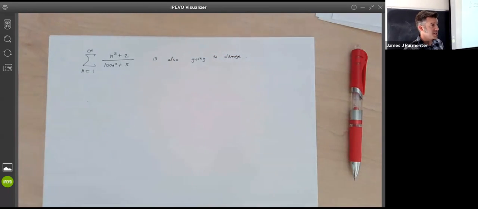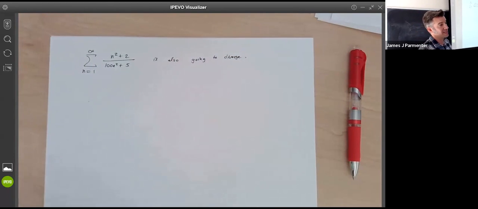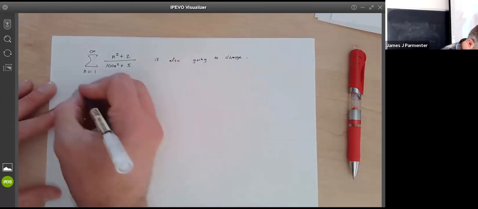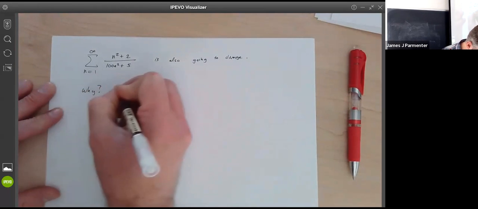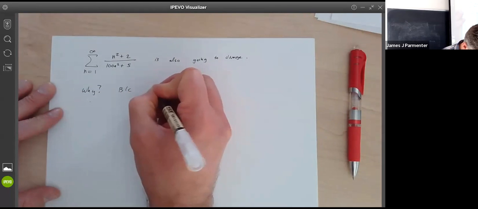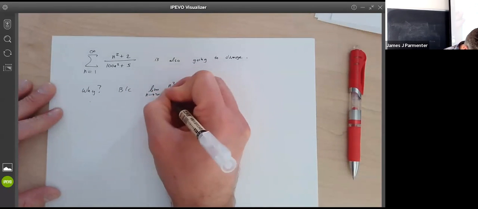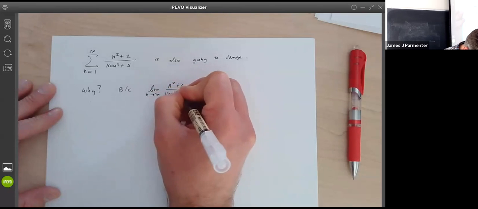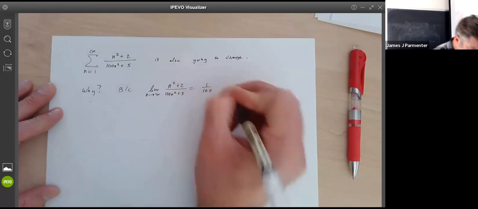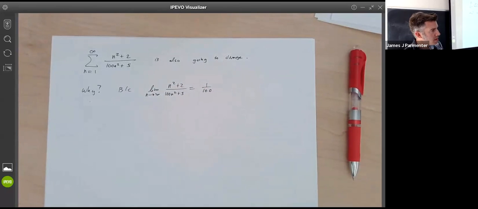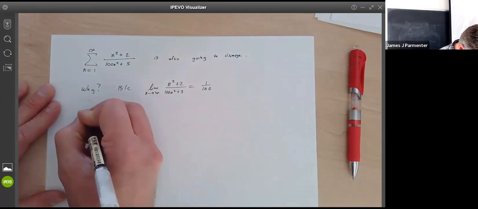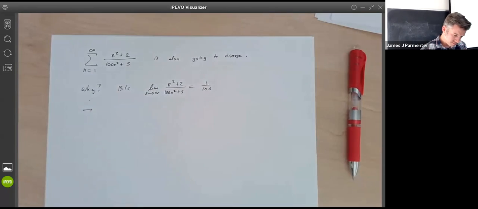Why? Because our sequence is getting closer and closer to something that's not 0. The limit as n goes to infinity of the sequence is 1/100th, which is pretty small. But if you add up 1/100th an infinite number of times, you're going to get infinity.